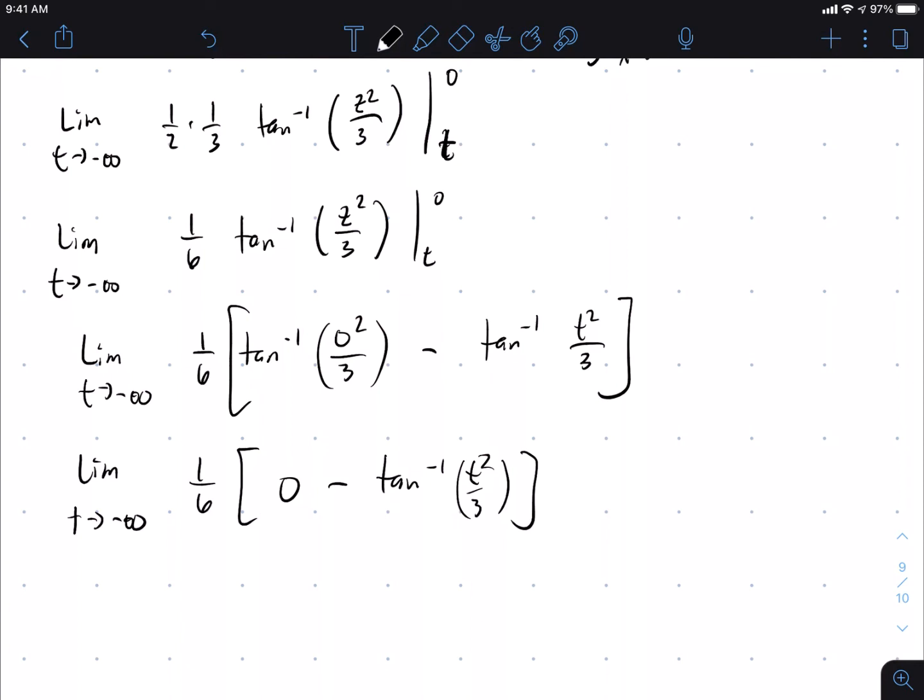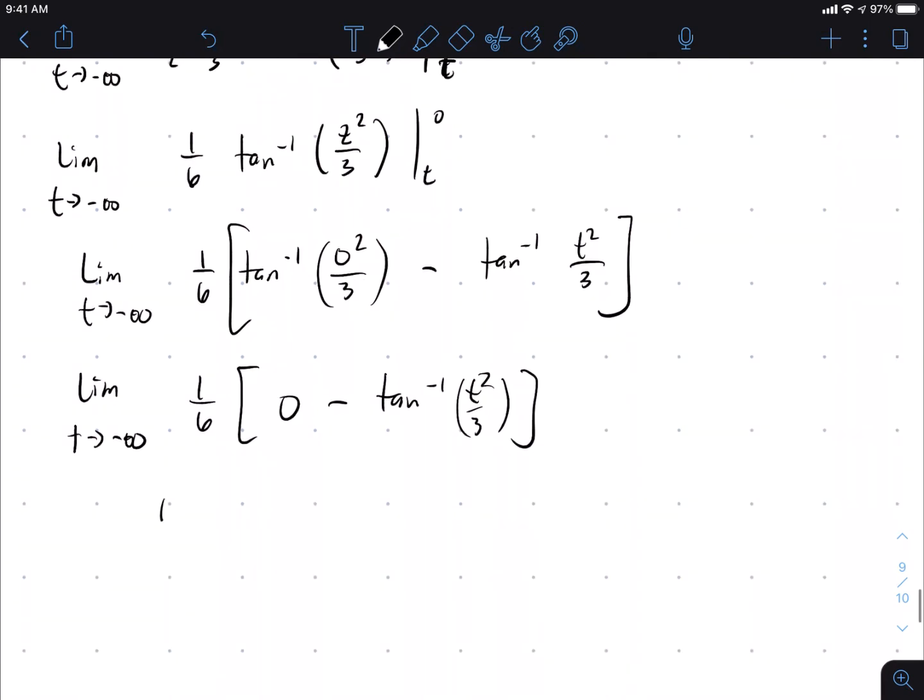And tan inverse, when it goes to negative infinity, what is that going to be? Here, I'll clean it up for you guys just so you can see.